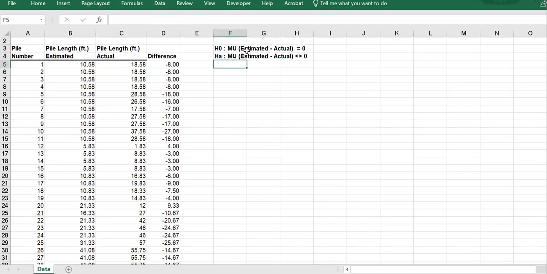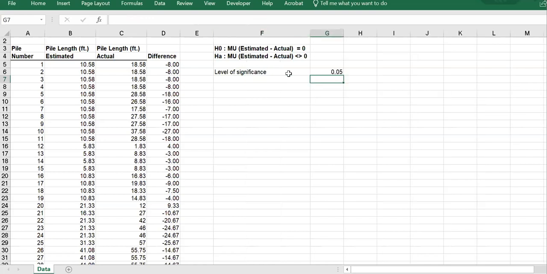So that's the hypothesis set. The next thing I'm gonna do is determine the level of significance. I'm gonna set it to 5% as our default value. All right, so alpha.